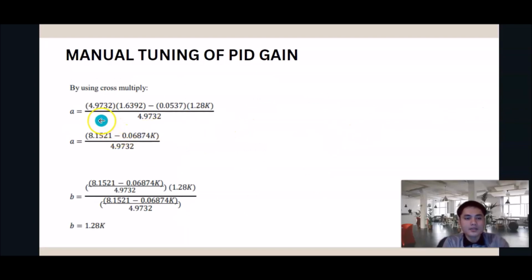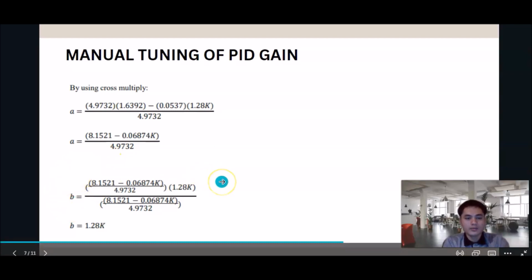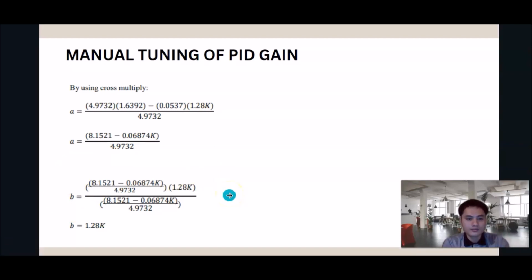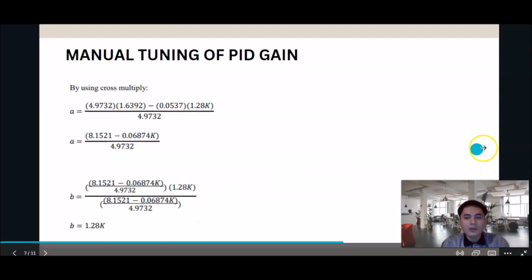So then A equals to 4.9732 times 1.6392 minus 0.0537 times 1.28K divided by 4.9732. We won't finish the equation, but we will continue with B. The value of B is, we take value A times 1.28K divided by value A. So our value for B is 1.28K.